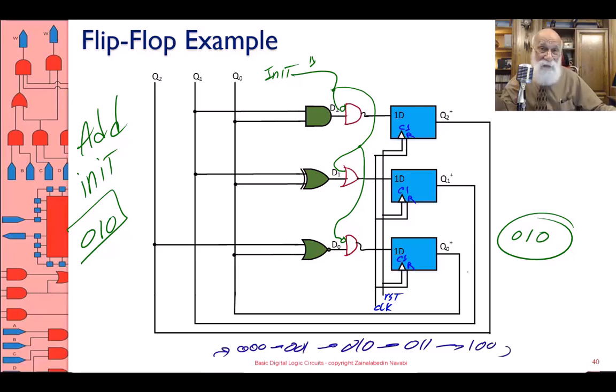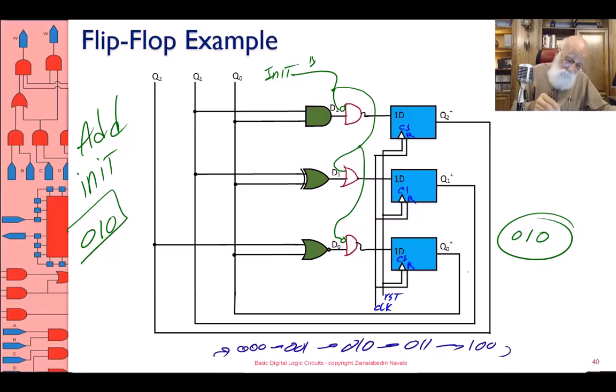While enabled, as I'm clocking it, it just goes through this sequence. That means every 5 clock cycles, it goes back to the 0, 0, 0 state.